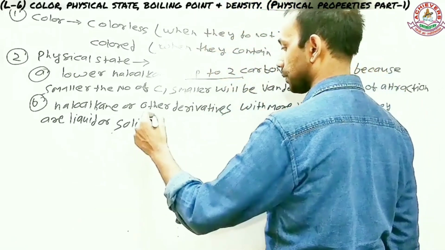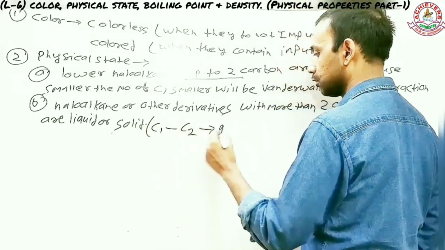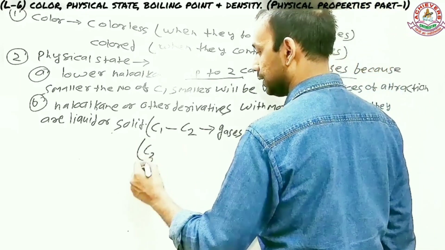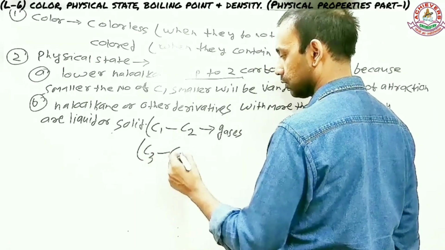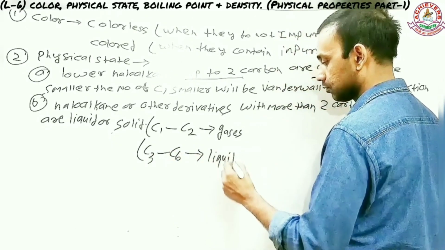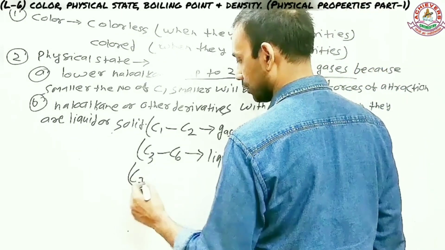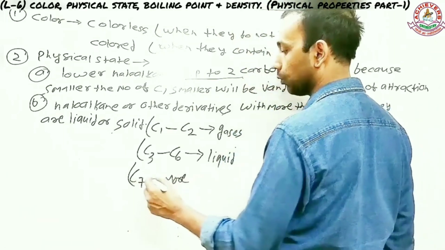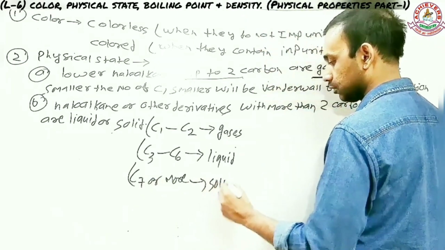So let me write here, carbon 1 to carbon 2, they are gases. Then carbon 3 to carbon 5 or 6 maybe, they are liquid. And carbon 7 onwards, 7 or more, are going to be solid.